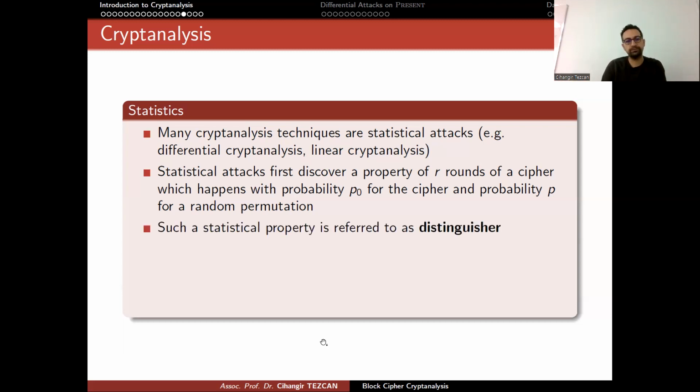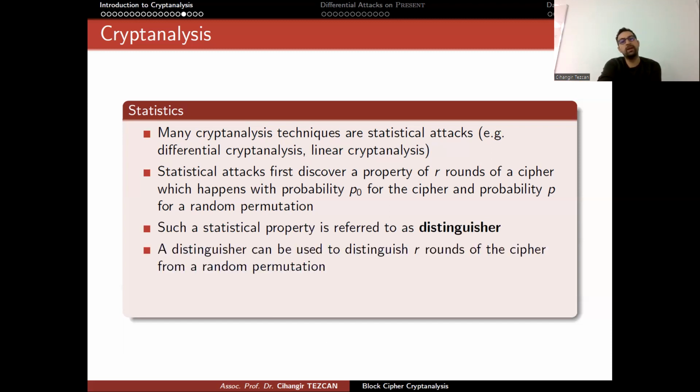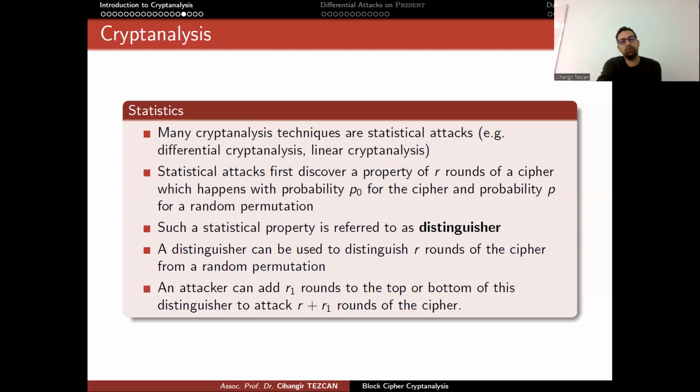Such a statistical property is referred to as a distinguisher. A distinguisher can be used to distinguish R rounds of the cipher from a random permutation, but more importantly, an attacker can add R1 rounds to the top or the bottom of this distinguisher to attack R plus R1 rounds of the cipher. How many rounds you can add actually depends on the design. For instance, sometimes you find an R-round distinguisher and only attack R plus 1 rounds.